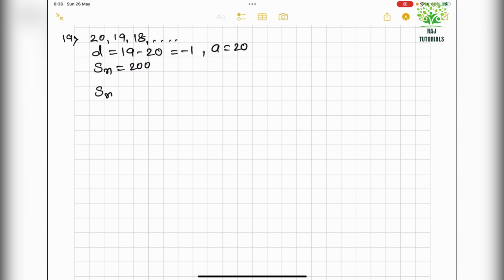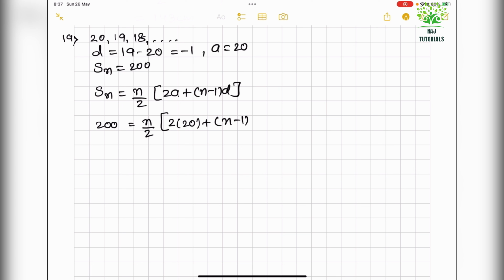So I can say Sn equal to n by 2 into 2a plus n minus 1 d. 200 equal to n by 2 into 2 into 20 plus n minus 1 into minus 1.